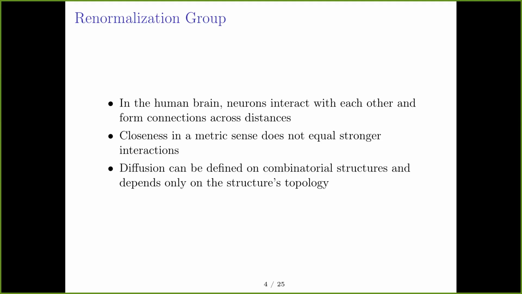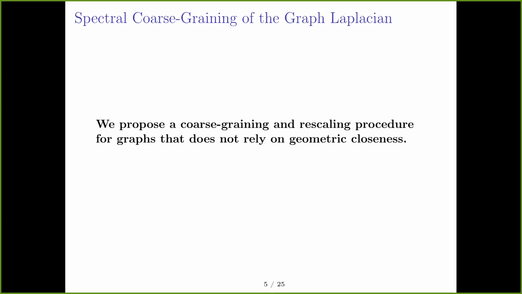For example, in a magnet it is, you have the spins that are next to each other, and these are of course the ones, let's say in an Ising model, which are interacting the strongest with each other. But in systems like, let's say the brain, this is not the case. For example, neurons that are close to each other are not necessarily the constituents that are interacting the strongest with each other, because they can form connections across distance.